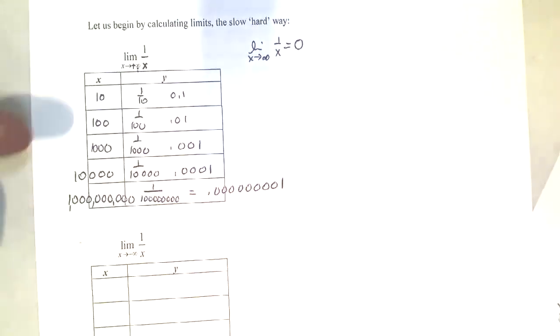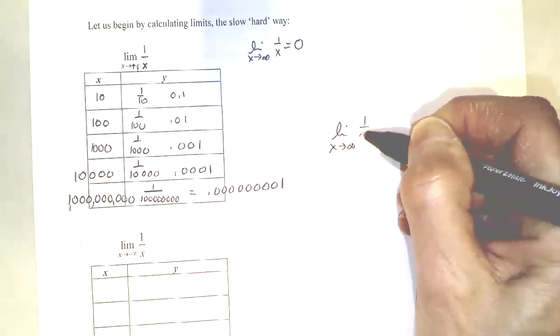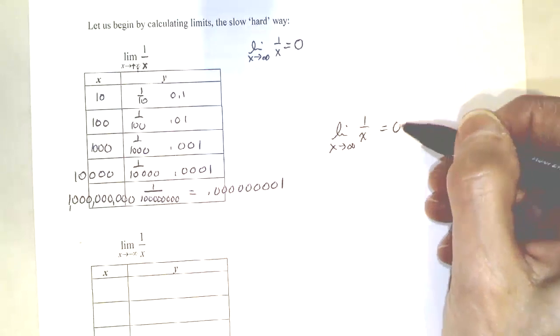Were I to do it in the negative case, you would have the exact same numbers with negative signs. But the point would be that the y values still get increasingly close to the number 0. So we're going to use this fact that the limit as x goes to infinity of 1 over x equals 0.